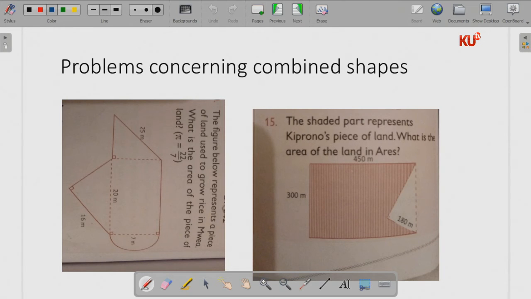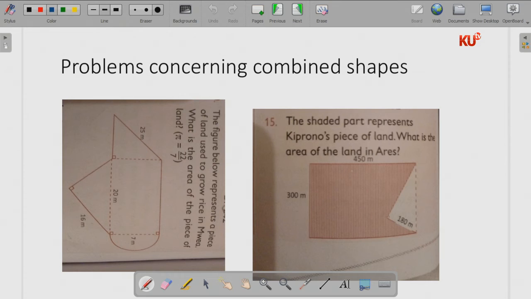Remember, the diameter of that semicircle is the base of the upper triangle. So now I have base, I have hypotenuse. I want height. What do you do?